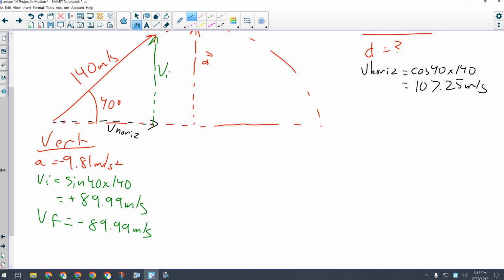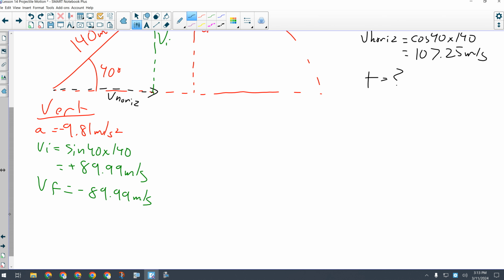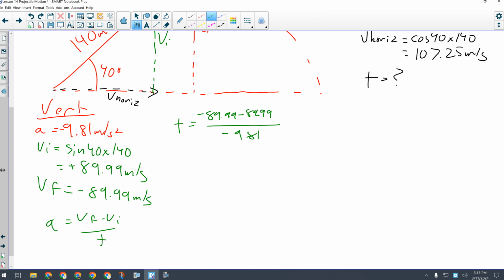If I want to calculate the horizontal distance, I need the time. Can I get it? Sam, you're nodding your head yes. What formula am I going to use? A equals VF minus VI over T. We're just going to manipulate for T. So T is going to equal negative 89.99 minus 89.99, divided by negative 9.81.